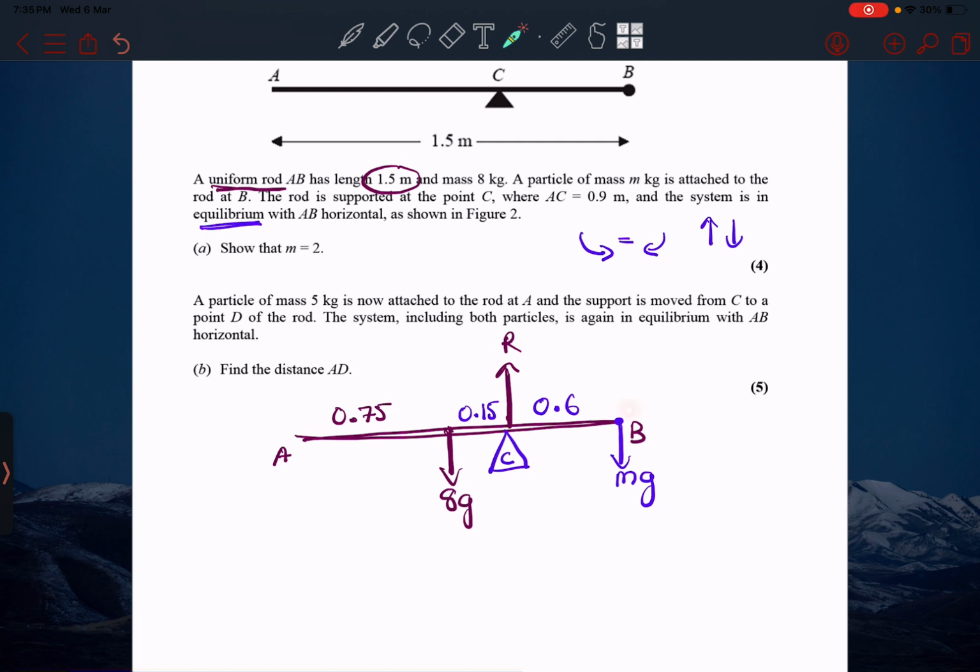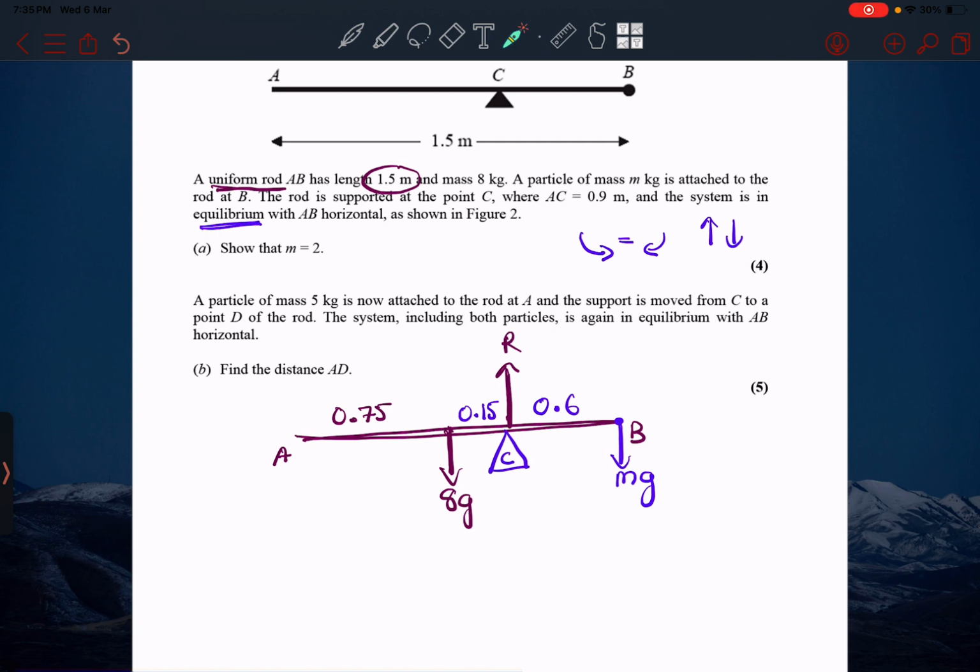The problem is, if I take the moment here, the force mg would be actually going through my pivot point, and that would make that entire moment go 0. So I would lose this mg to the 0, and I will never be really able to figure out what is m. So except B, we can take the moment about any other point.